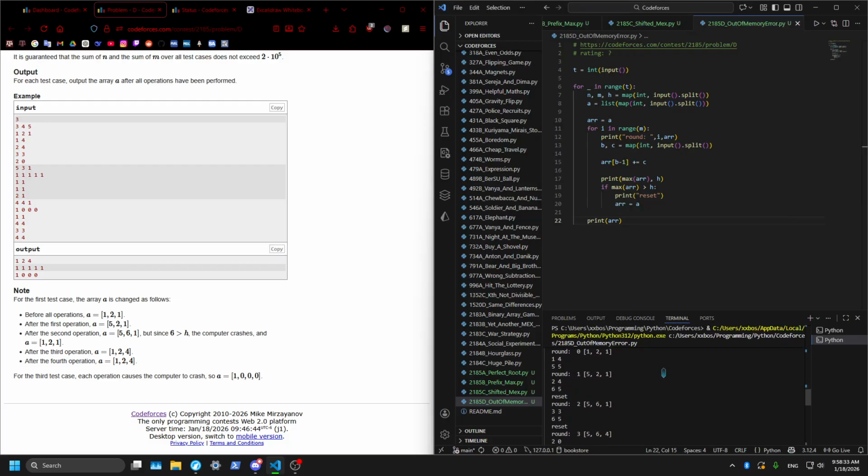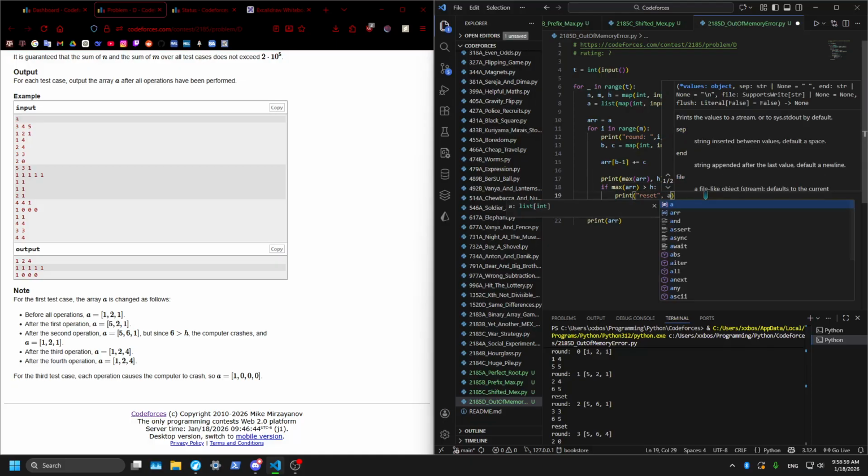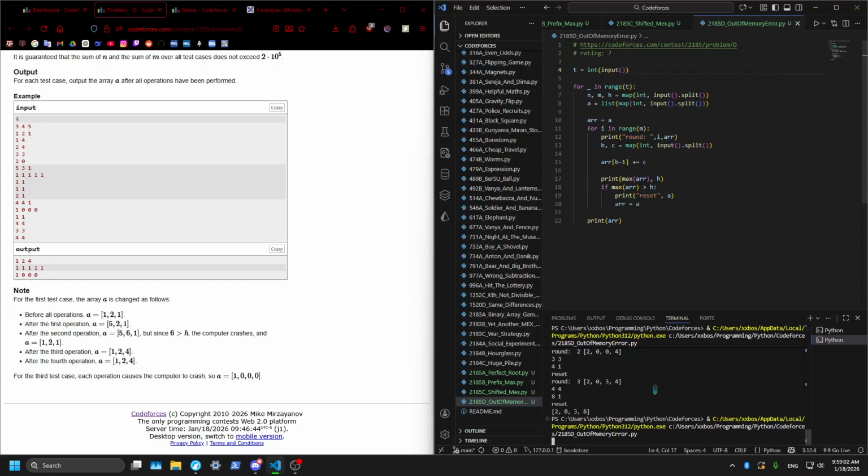Here around 0. Why is this not triggering? Wait, reset. It did trigger. Reset to 5, 6, 1? Should reset to this.